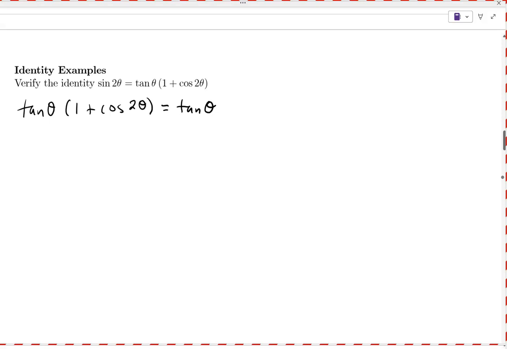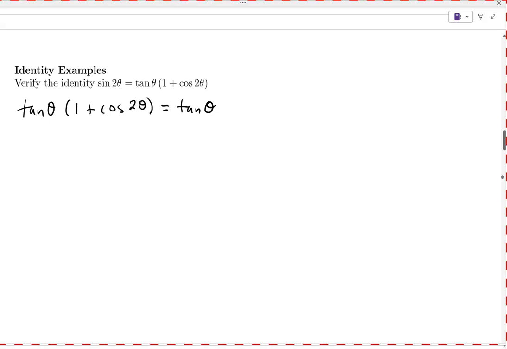It's perfectly fine to put any of the 3 to start. But if I want to get this down to a single sine of 2 theta, I really want this plus 1 to go away. It's probably the easiest thing to get rid of.